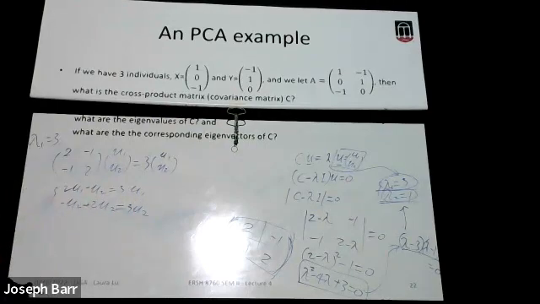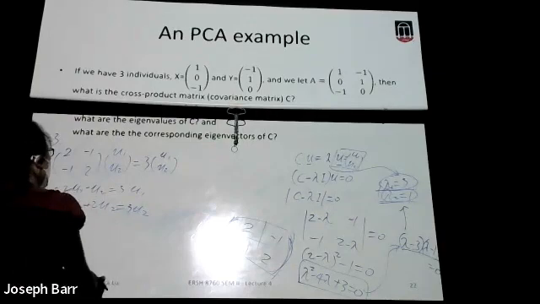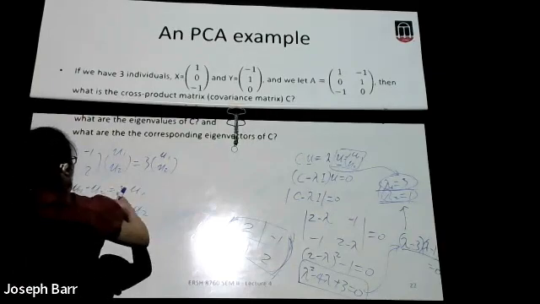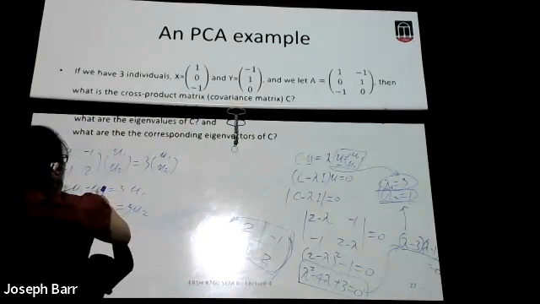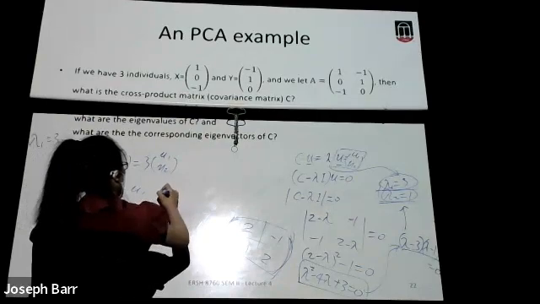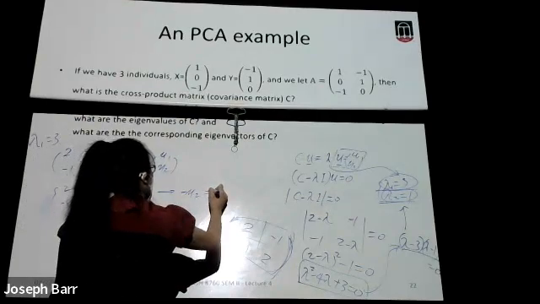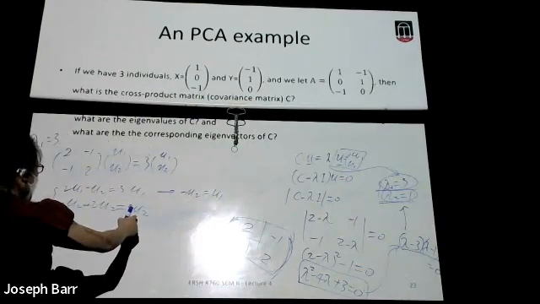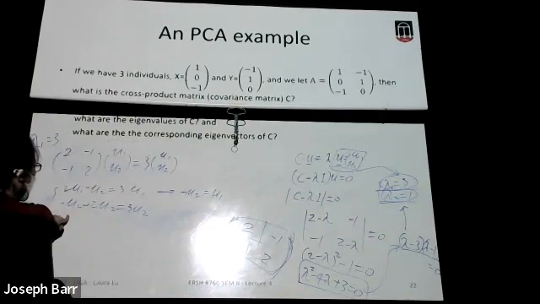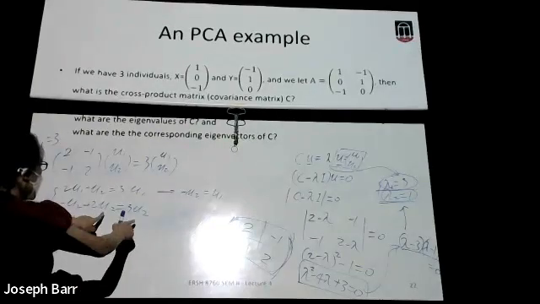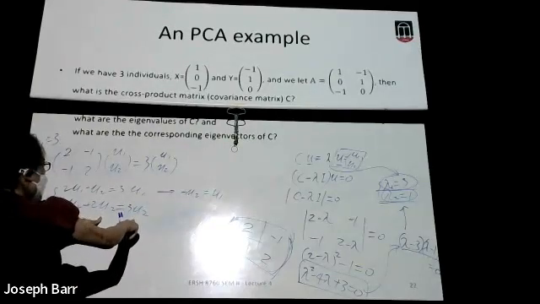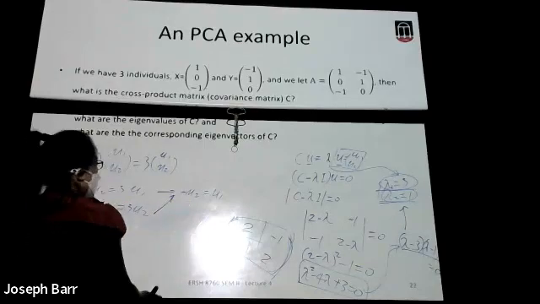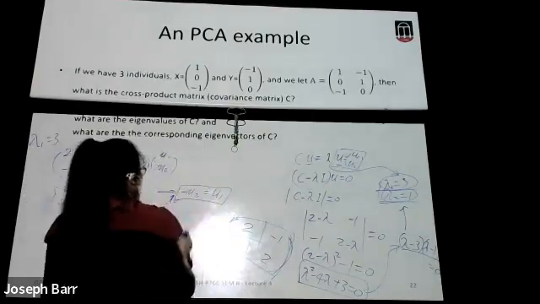Solve the equation. u1 here, u1 here, so minus u2 is just u1. And here, u2 and u2, it's the same thing. So we got this solution.